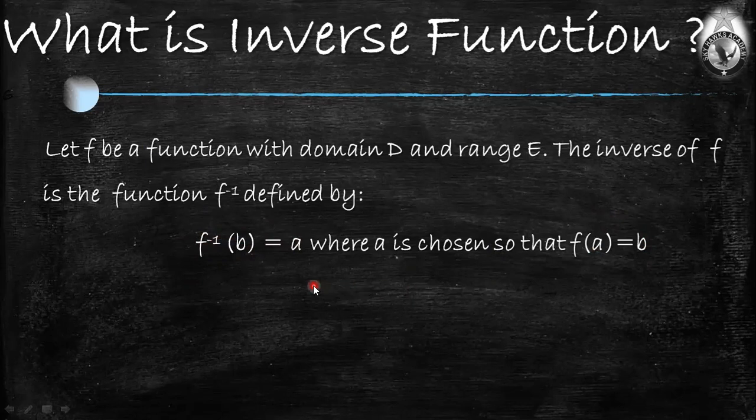So this is the basic definition: let f be a function with domain D, that is the first set, and range E; the inverse of f is the function f inverse defined in this way.